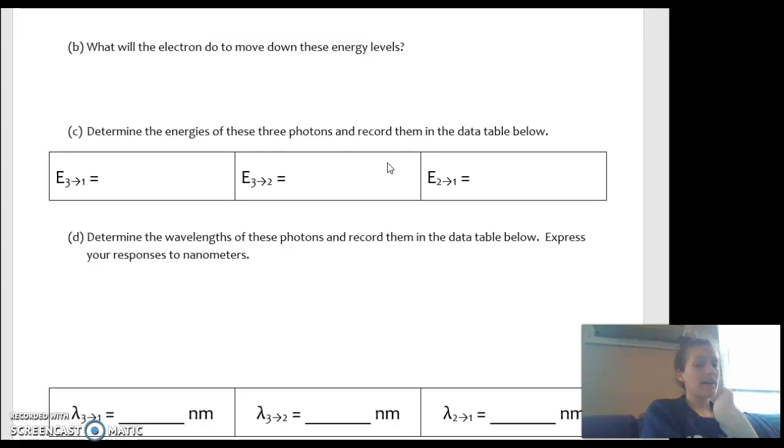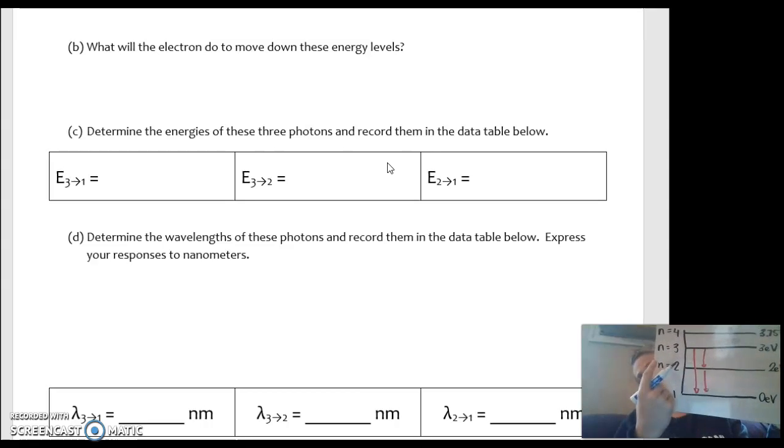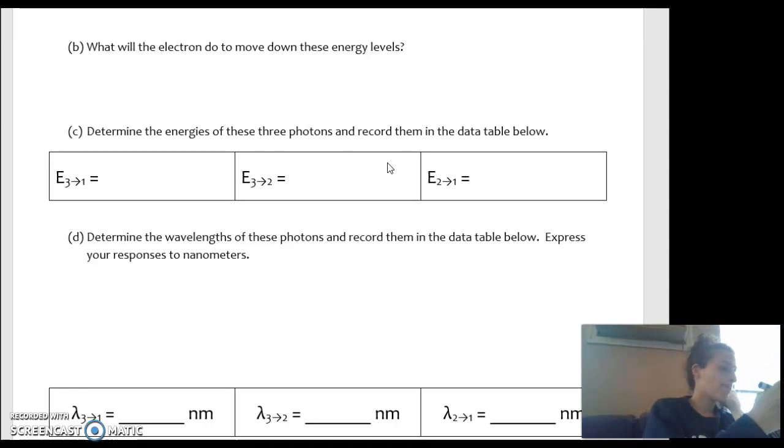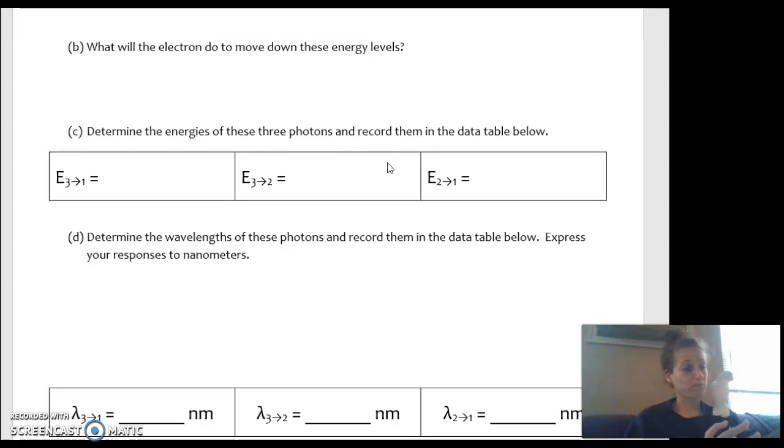Determine the energies of these 3 photons and record them in this table. So we said that from n equals 3 to n equals 1, how much energy is that? Well, it has 3 electron volts, and it's going to 0, so that's a total of 3 electron volts.